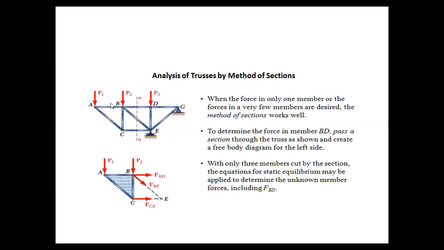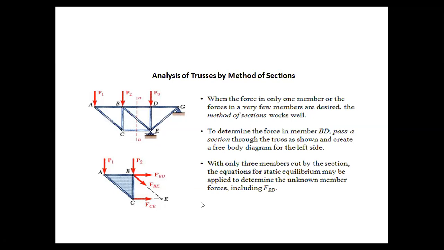Now in the left side, see here, only three members are cut by the section: 1, 2 and 3. The equations of static equilibrium may be applied to determine the unknown member forces, that is the FBD. These are the only three in full, and this one is cut, this one is half cut, this one is half cut.